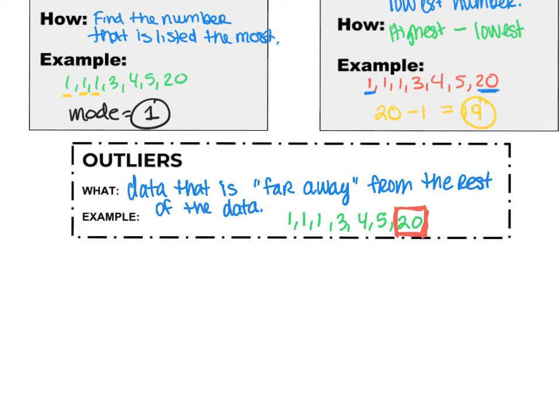If I were going to draw a number line and I had numbers 1 to 20, and I did like a dot plot, I would have a dot way down here, and then the rest of my data would be way over here. And so we have this whole gap right here that shows us that we have an outlier. It's just a value or multiple values that are pretty far away from the rest of the data.